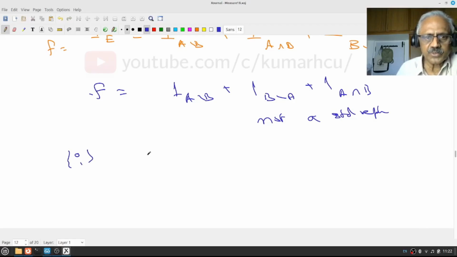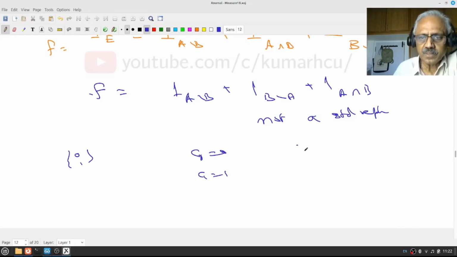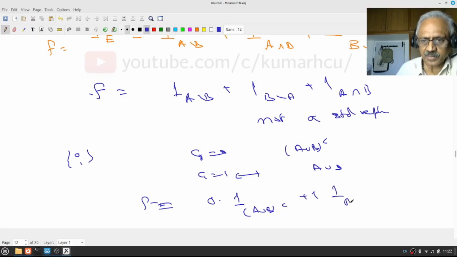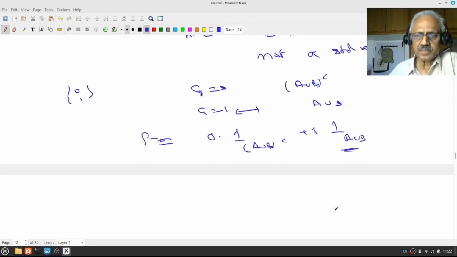Therefore, c0 is 0, c1 equals 1, where c1 is the value taken over A union B and c0 is taken on the complement of A union B. Therefore my f is actually 0 times the indicator function of the complement of A union B plus 1 times the indicator function of A union B. You understand?